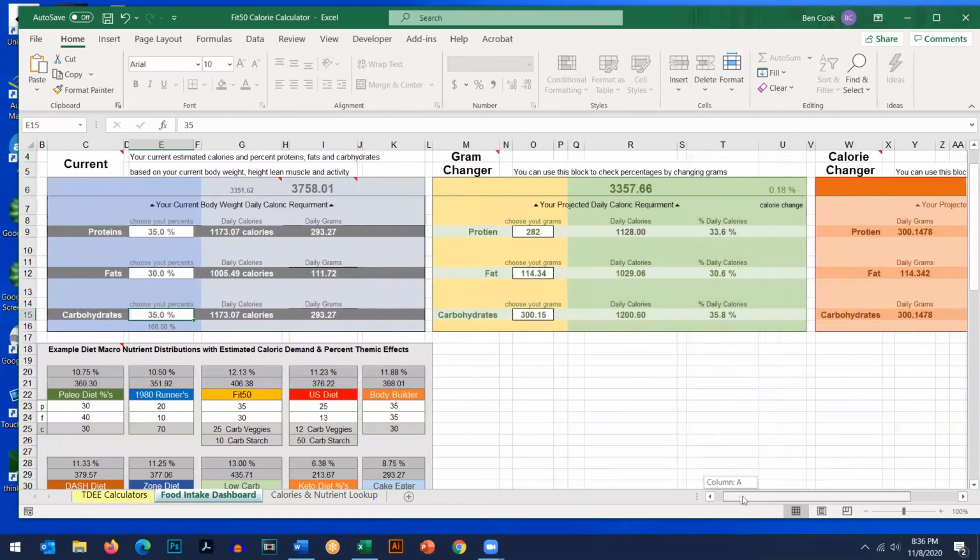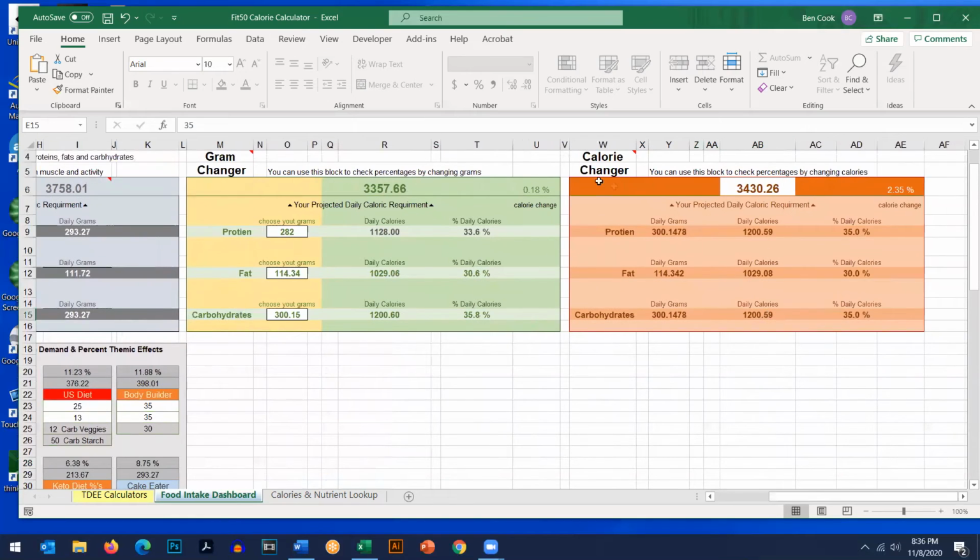And then you could go over here and play with these other two areas. Maybe I just want to put in different calories. Maybe I want to look at 4,000 calories. And when you do that, you can see the daily grams change. And that'll tell you approximately at 35%, 30%, and 35%, like we have over here, at a higher calorie intake, how many grams we would need in order to satisfy that at 35, 30, 35.